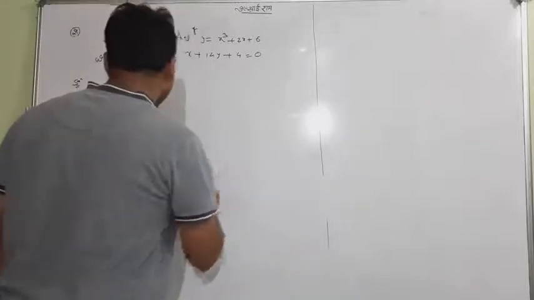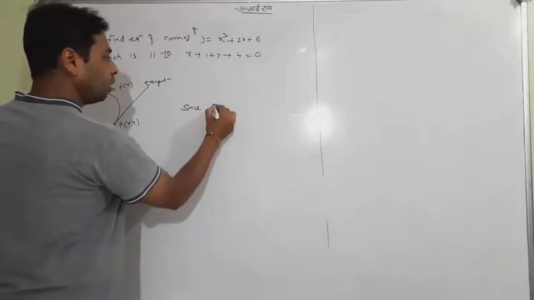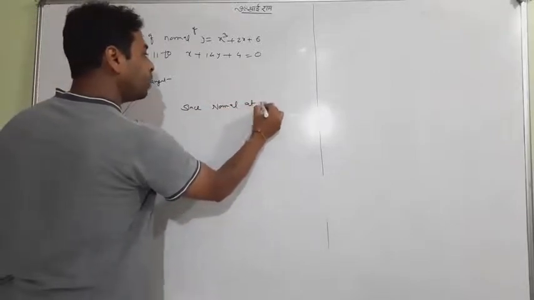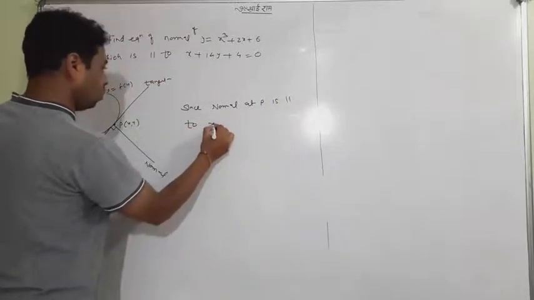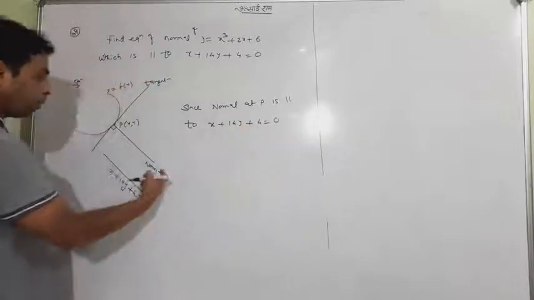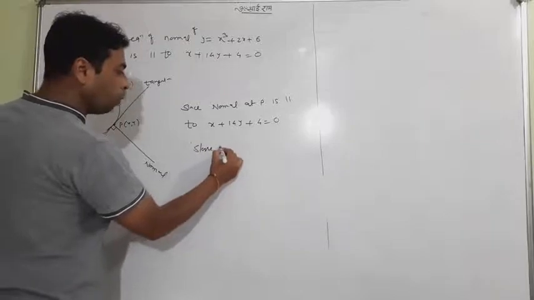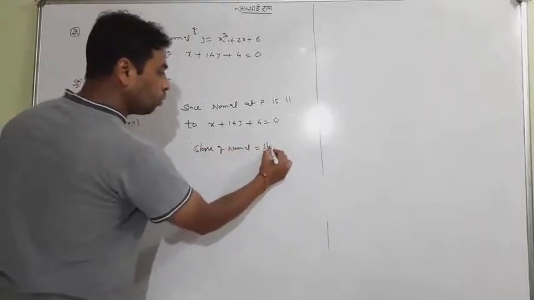So I just want to write here that since the normal at P is parallel to x plus 14y plus 4 equal to 0, the slope of the normal is equal to the slope of the line.